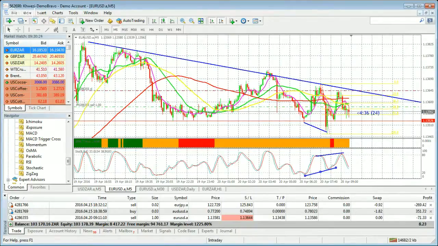That one pushed all the way back up, and then the next one, very undecided, but a lot of movement. Good to see that amount of movement, though. I like that.